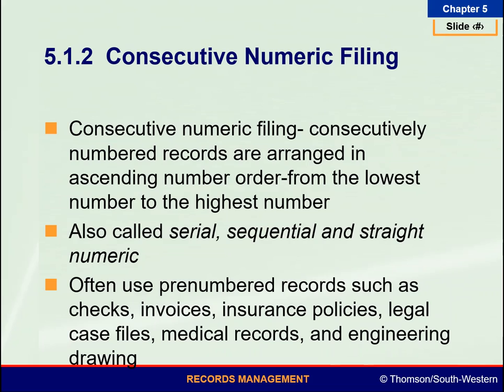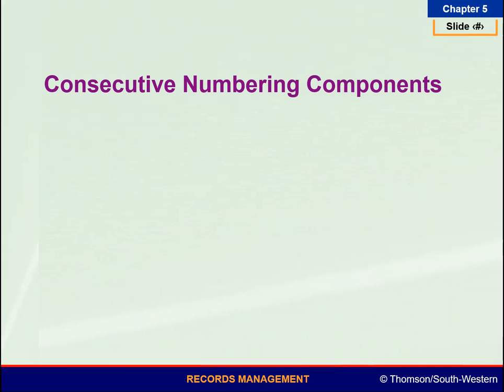The consecutive numeric filing is also known as serial, sequential, and straight numeric. It often uses pre-numbered records such as checks, invoices, insurance policies, legal case files, medical records, and also engineering drawings.